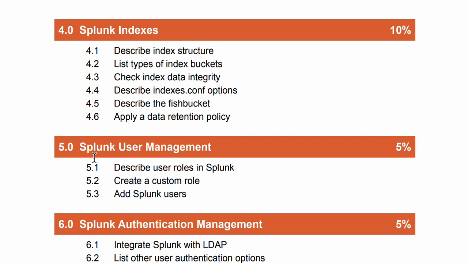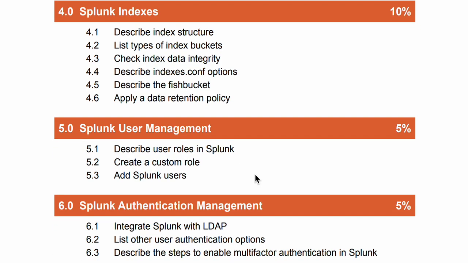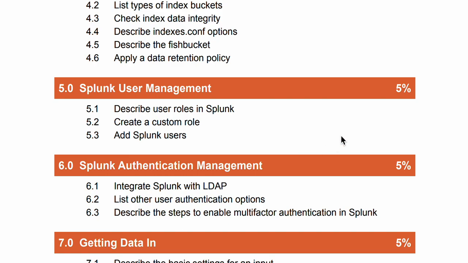Now the fifth topic is Splunk user management. It covers describing user roles in Splunk, creating a custom role, and adding Splunk users. It also has a weightage of 5%. The sixth topic is Splunk authentication management.